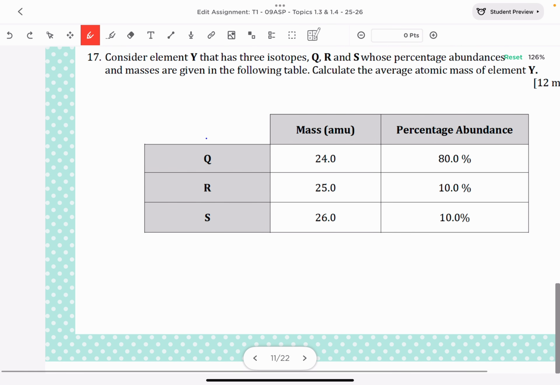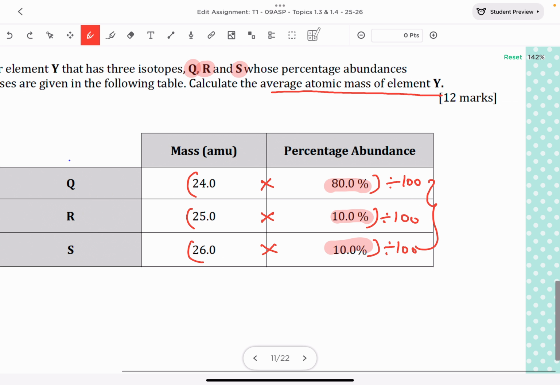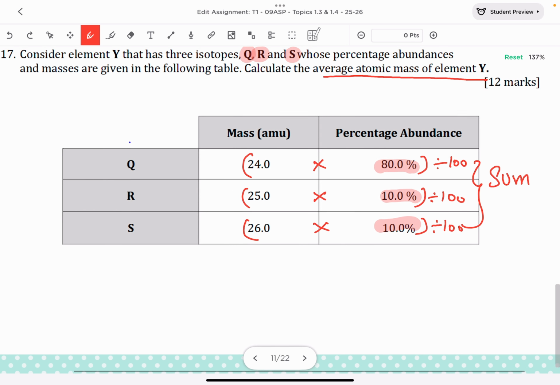Now, I have another question here for you. Again, I have an element Y with 3 isotopes, X, R, and S, and the percentage abundances are shown here. Again, in this question, they are asking to calculate the average atomic mass of Y. So, first of all, we're going to multiply every mass by its own abundance divided by 100. And we will find their sum, their total.